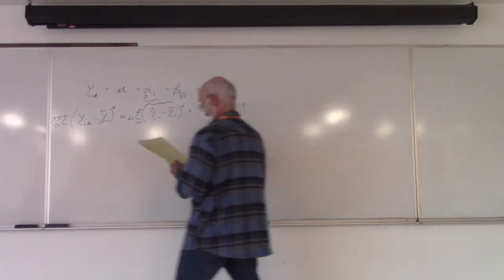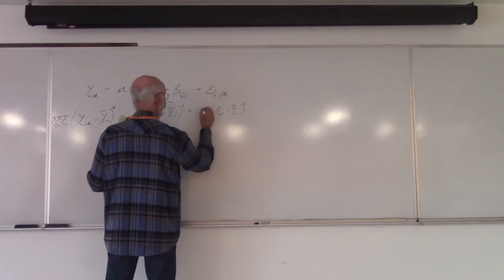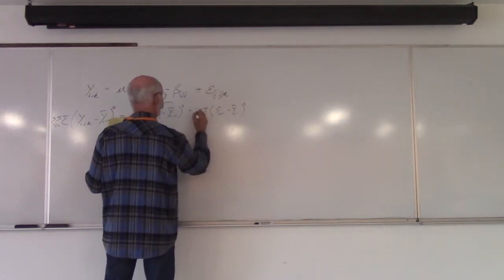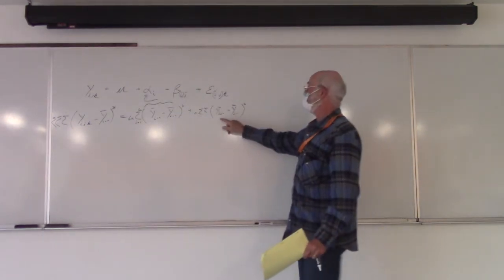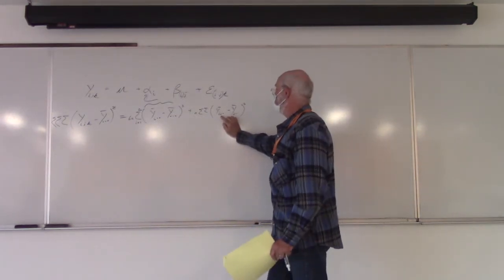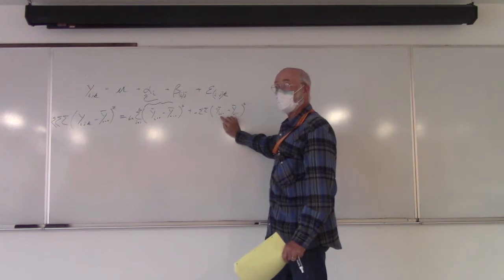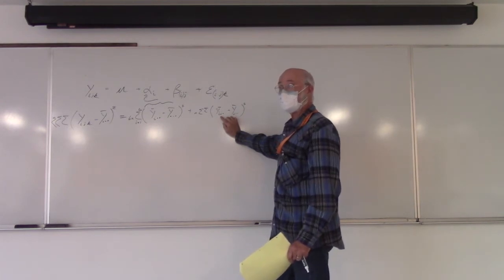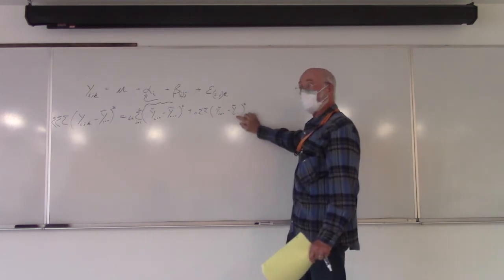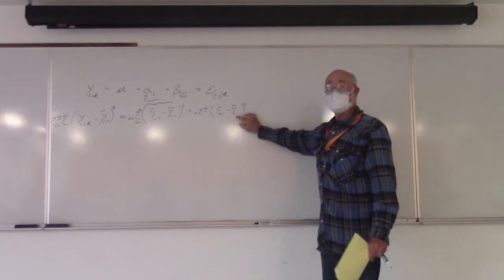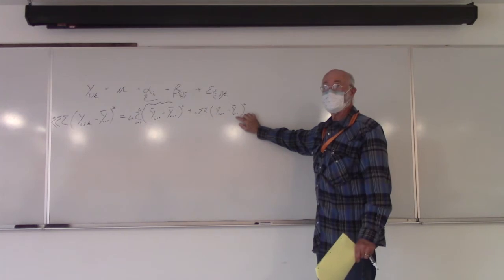Quantity squared, a double sum times n. So I'm looking at my spray tree. I'm averaging across leaves, right, for my spray tree combination, and I'm subtracting off the mean for the spray. Okay?